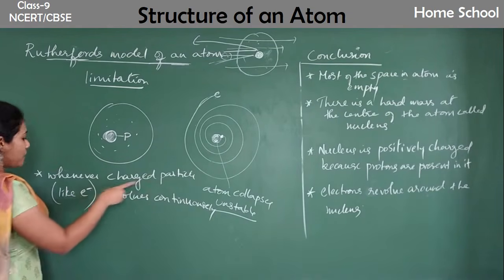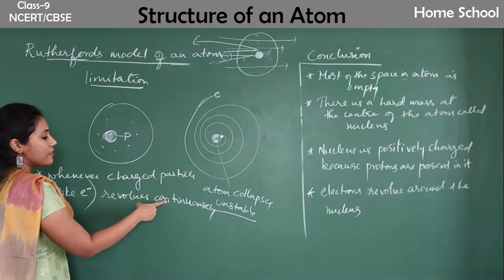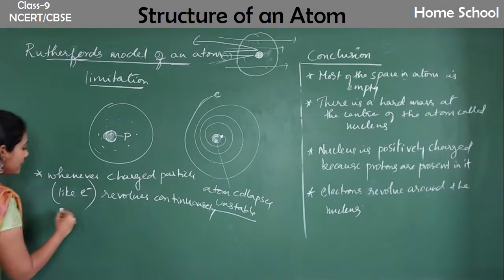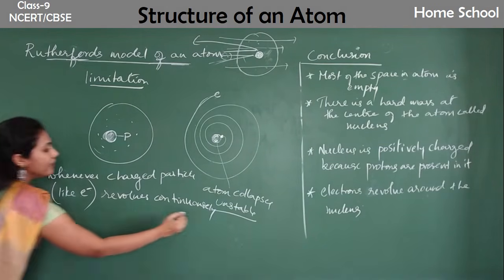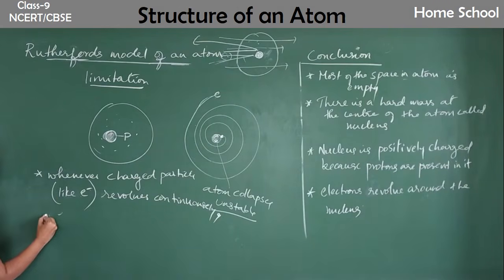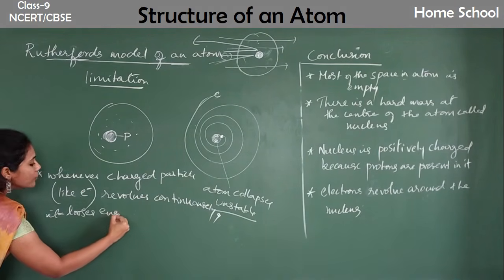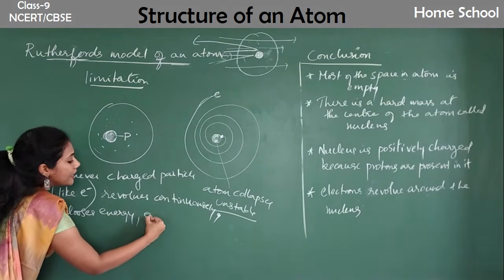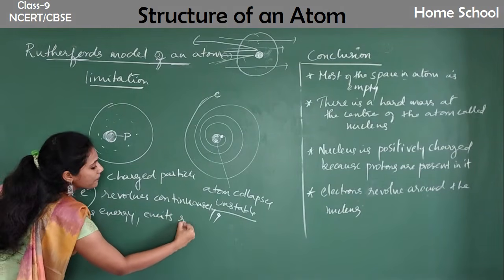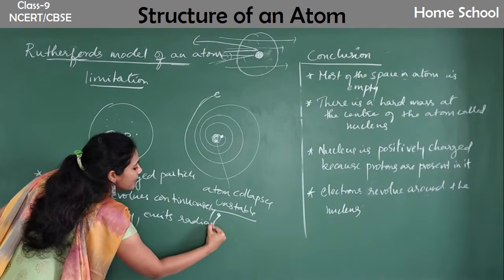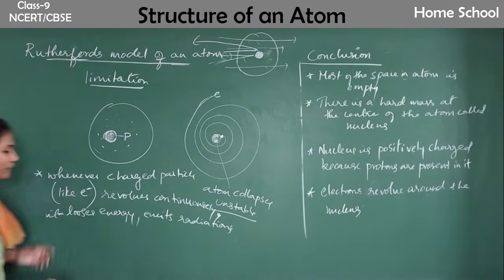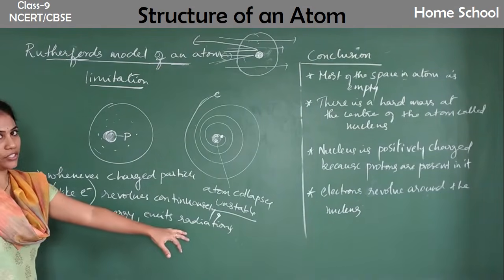So whenever a charged particle like an electron revolves continuously, it loses energy and emits radiations. How does it lose energy? By emitting radiation, actually.